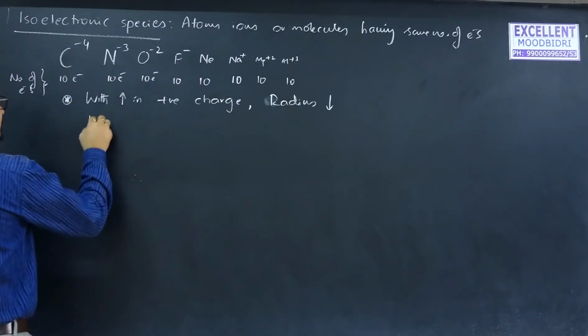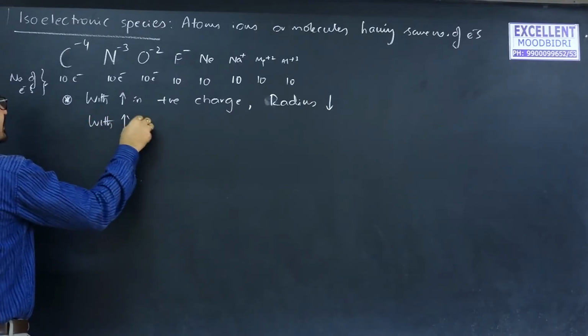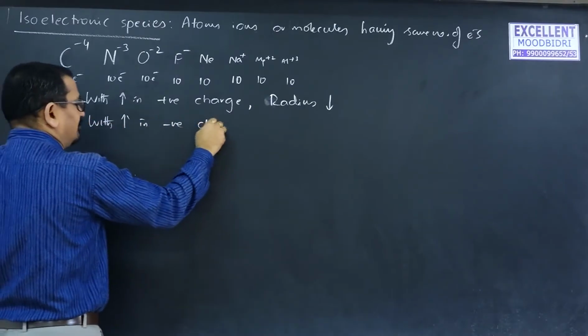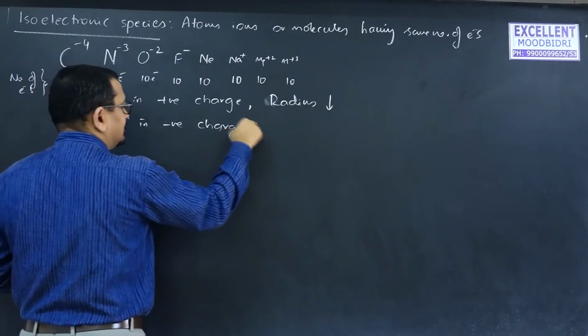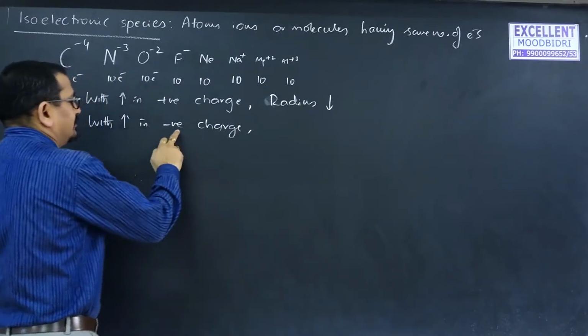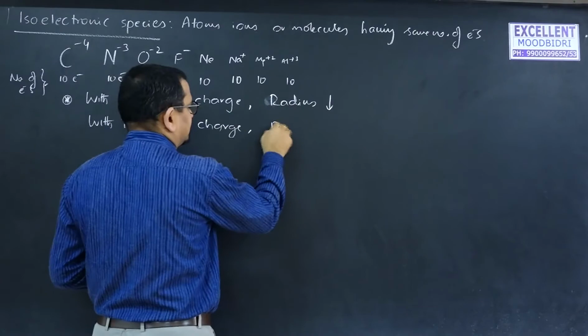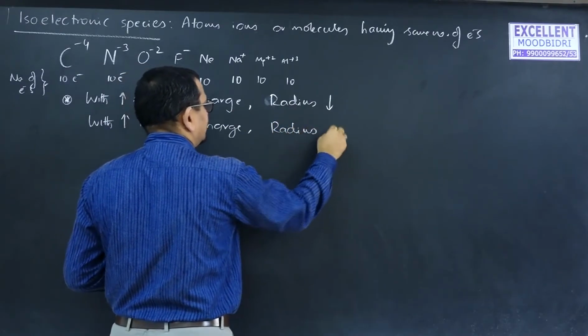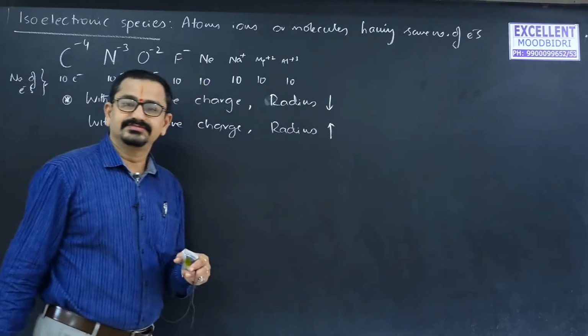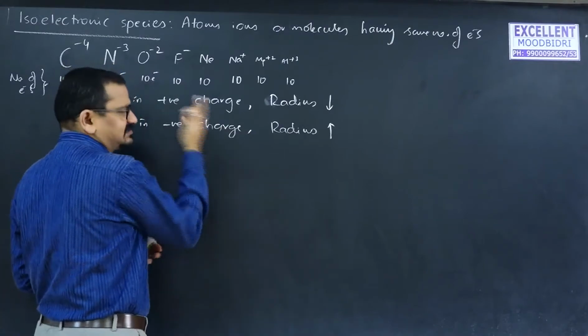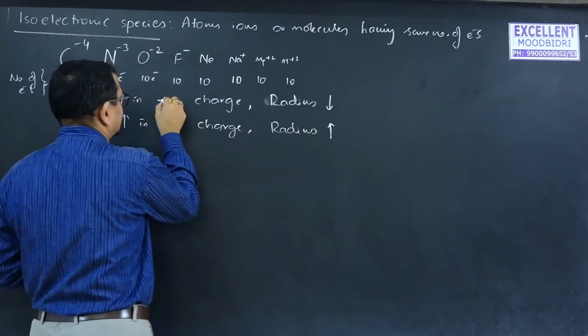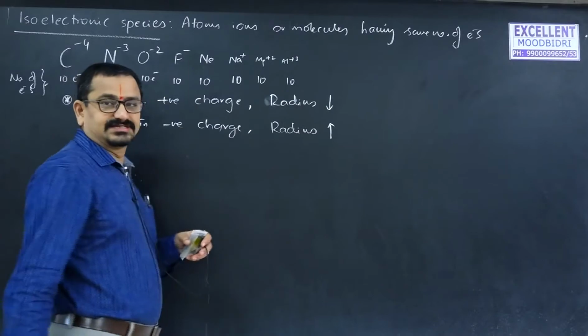And with increase in negative charge, radius increases. Positive charge refers to cations, and negative charge is for anions, right?